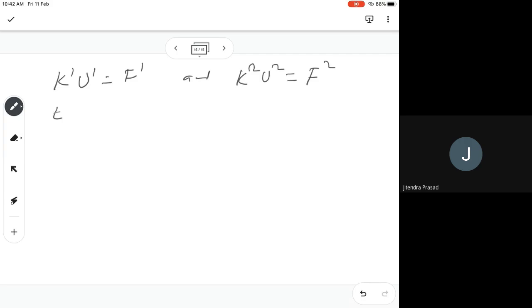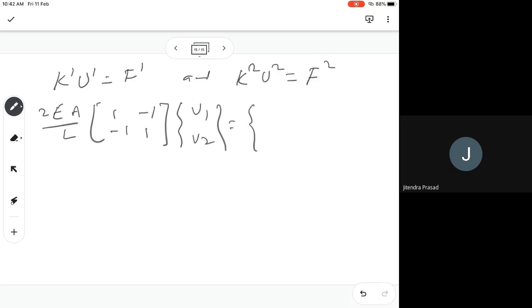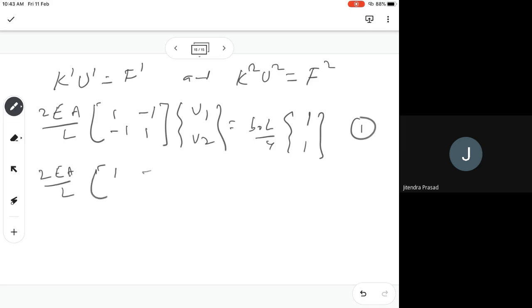So we have EA over L, 1 minus 1 minus 1 1, times U1 U2, is equal to B naught L over 4, 1 1. This comes from the first element. Similarly, you will have EA over L, 1 minus 1 minus 1 1, times U2 U3, equal to B naught L over 4, 1 1. This comes from number 2.